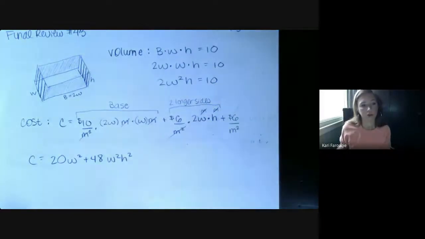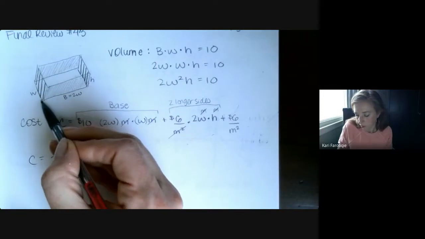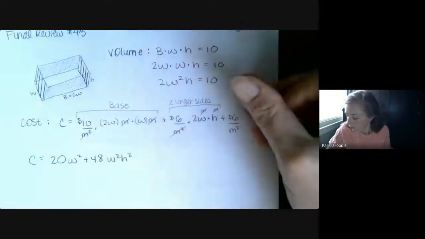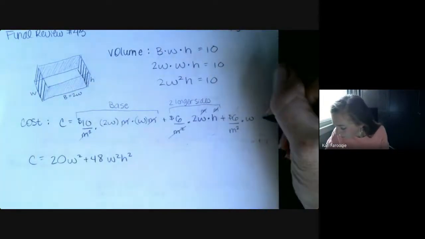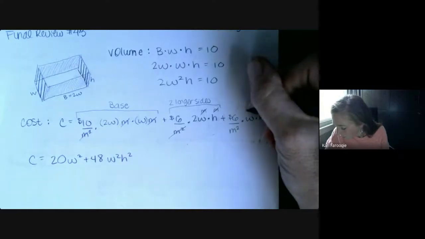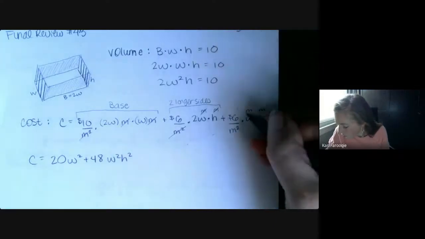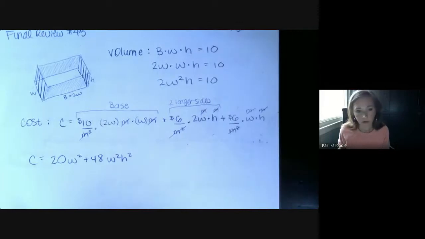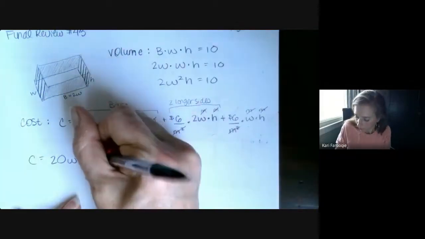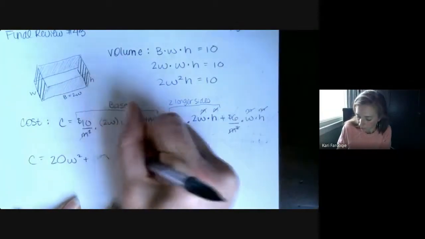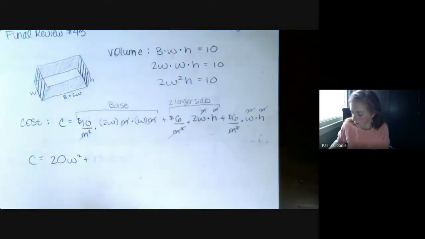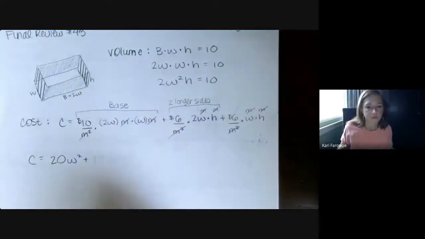So that'll be the two shorter sides, and these are going to be W wide and H tall. And that's in meters and meters, and then the meters again will cancel. Which makes more sense. We can't have a fourth dimension here for our box.